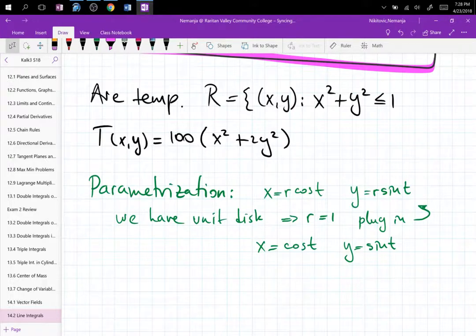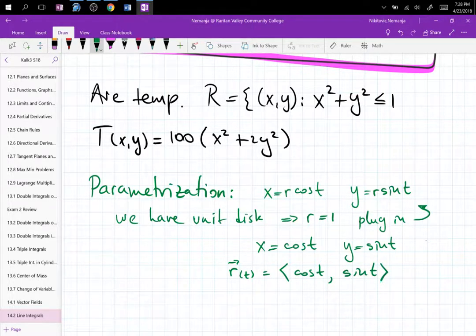So now that gives me the parameterization for this problem. R as a vector in terms of t is cosine t comma sine t, and from there I can find the r prime of t, which I'm going to eventually need.